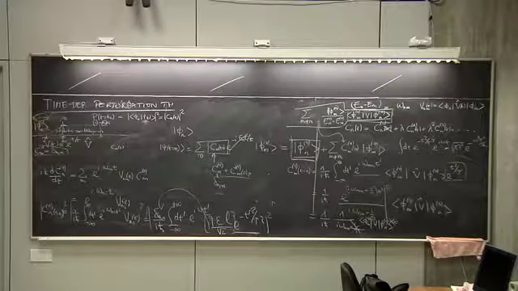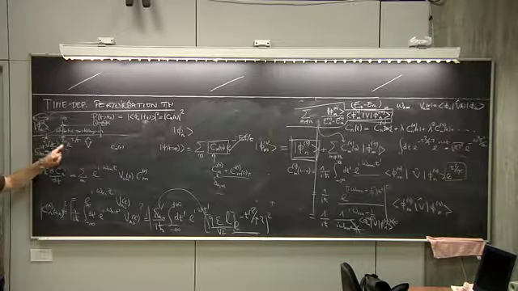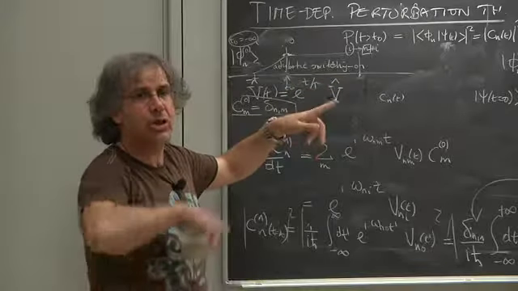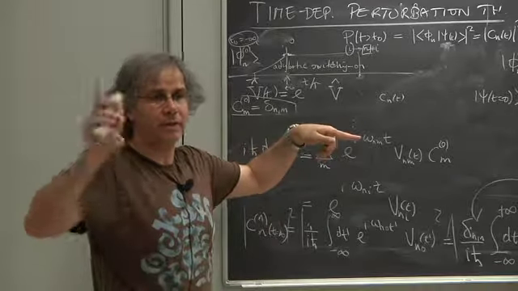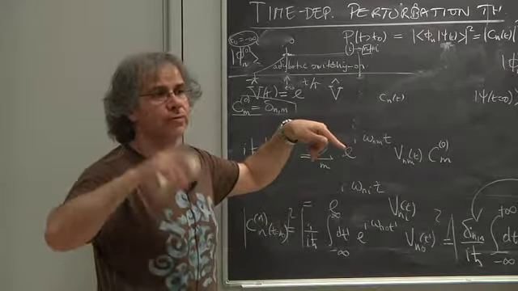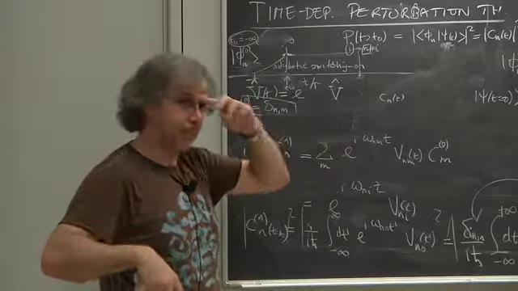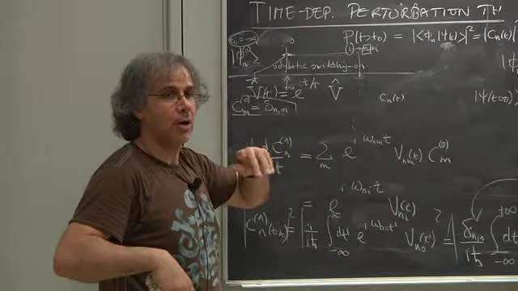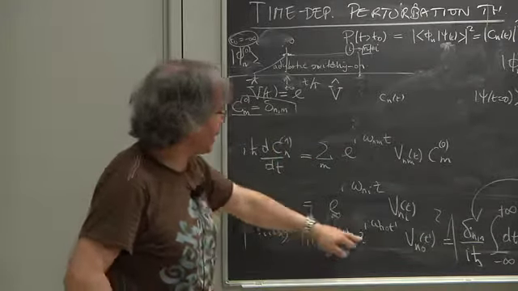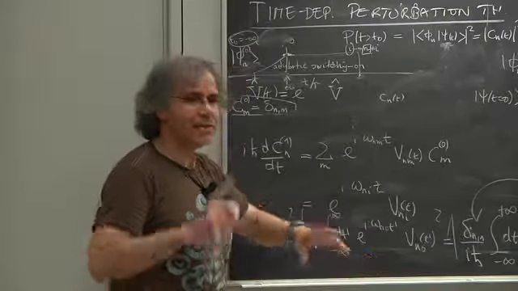Next time, we do the important case of a perturbation which is neither switched on and off, but is oscillating forever, like the cos of some frequency times t. Then we will see that this immediately selects some resonances.